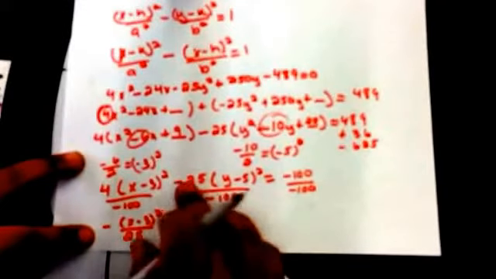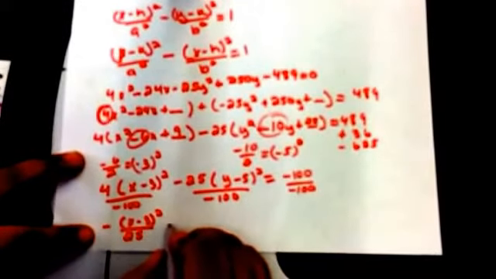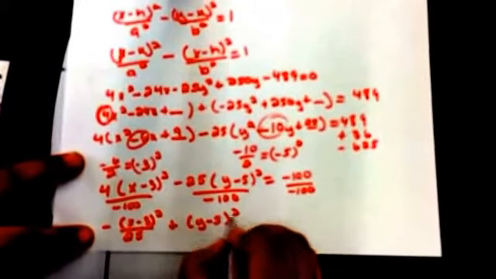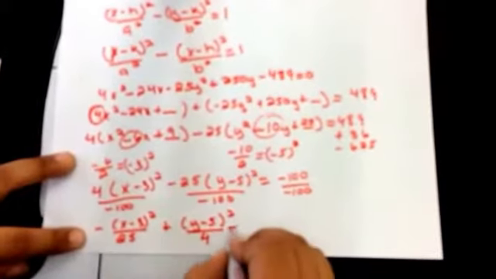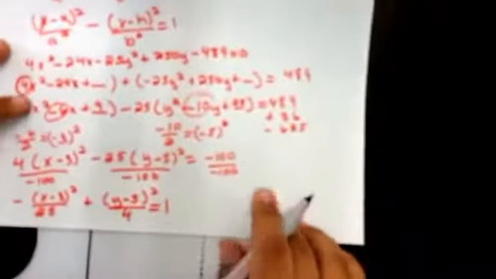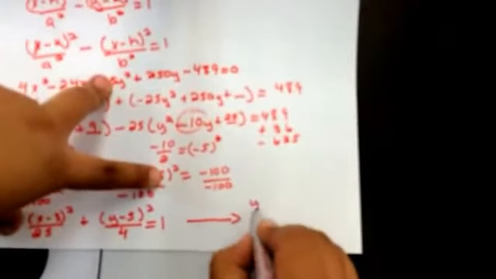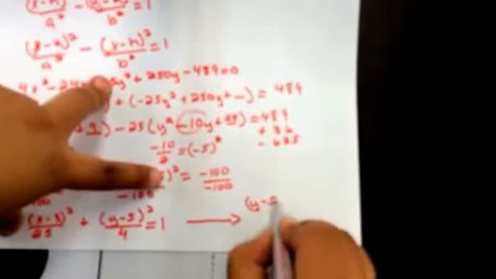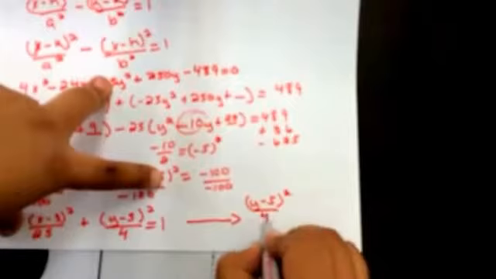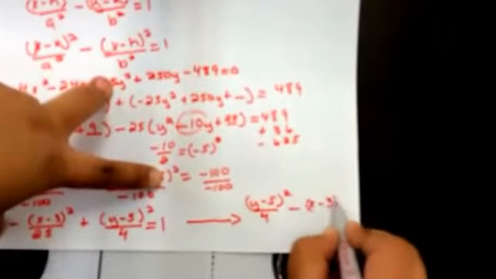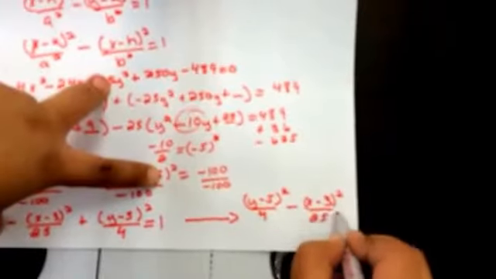And negative 100 divided by negative 25 is going to give you positive (y minus 5) squared over 4 equals 1. So then our equation is (y minus 5) squared over 4 minus (x minus 3) squared over 25 equals 1.